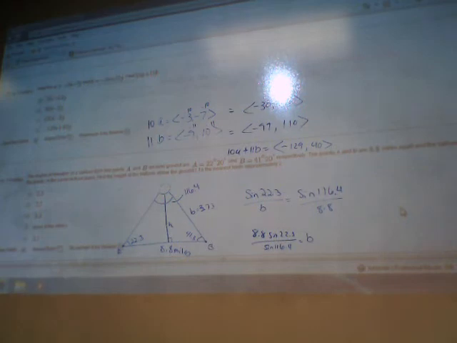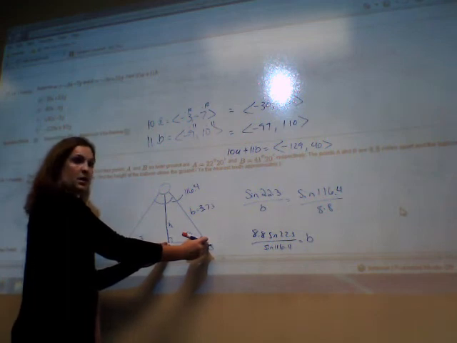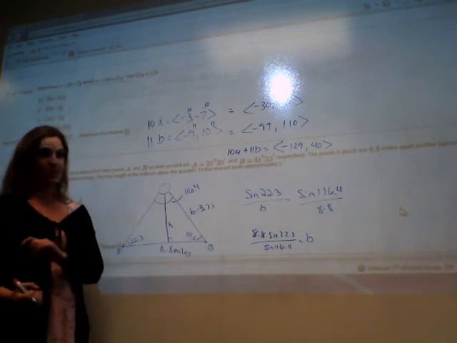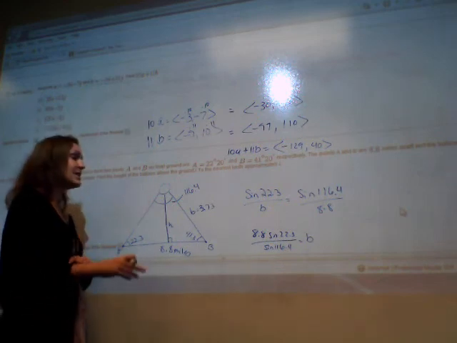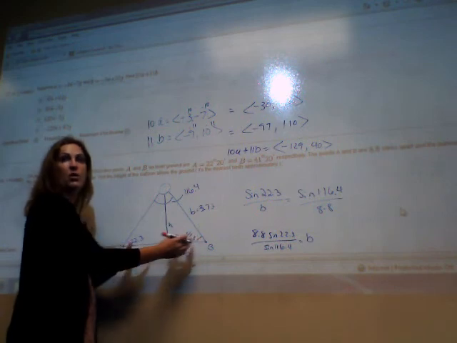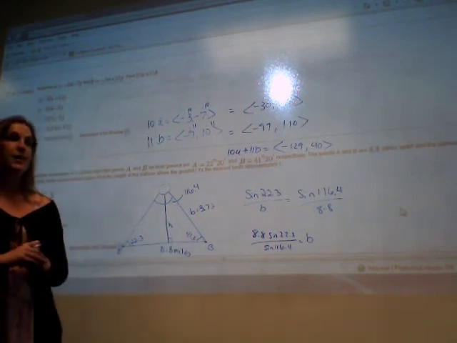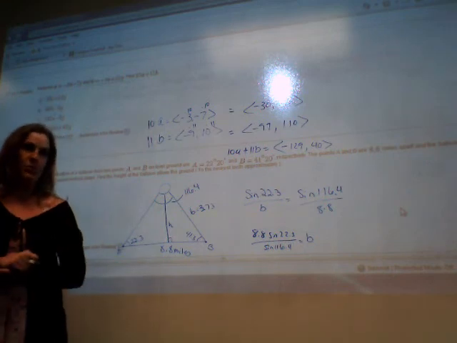Now how do we find H? Why can't we use the Pythagorean theorem? Because the 8.8 is this whole thing. We don't know what this is, right? It's not halfway between them, I promise. The reason it's not halfway between them is because these are not equal. If these were equal, then based on theorems of isosceles triangles, we would know that the altitude was precisely halfway between the two.